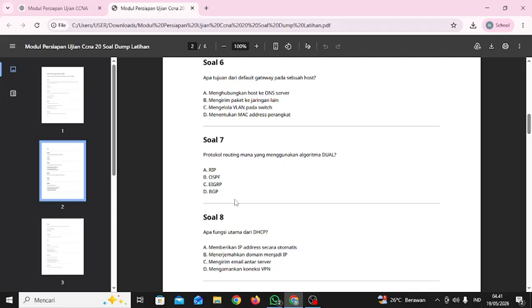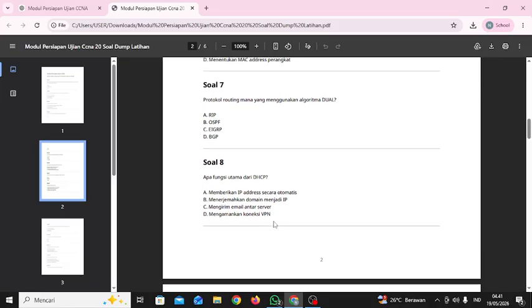Okay, why are the others incorrect? First, RIP uses the distance vector algorithm, and OSPF uses SPF algorithm, and BGP uses path vector algorithm. DUAL is a signature feature of EIGRP and often appears in CCNA exams.